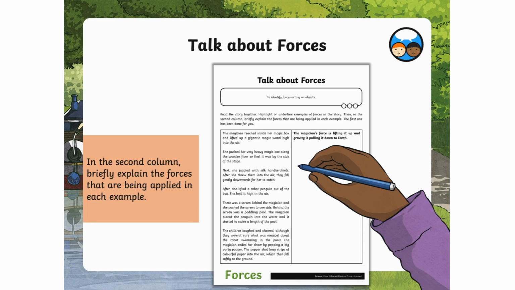There's one example already done for you. The magician reached inside her magic box and lifted up a gigantic magic wand high into the air. The magician's force is lifting it up, while gravity is pulling it down to the earth. This is how you're going to solve the rest of the examples.